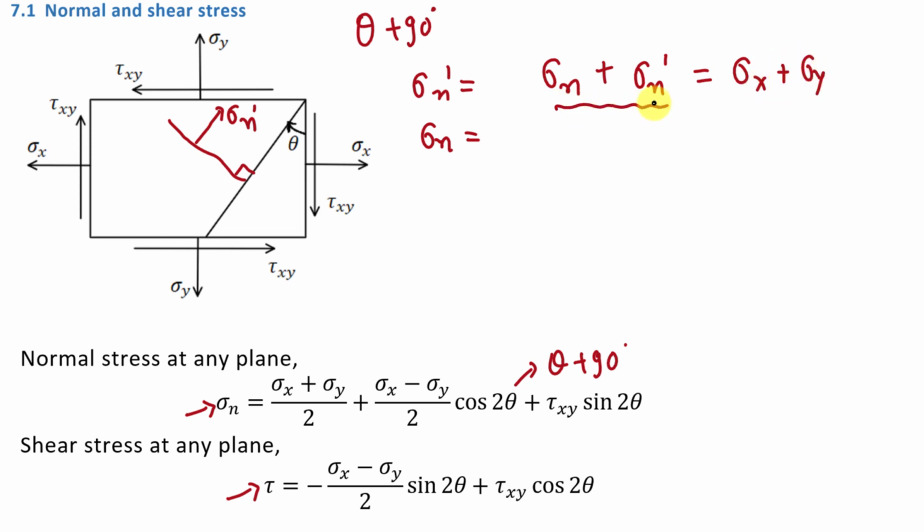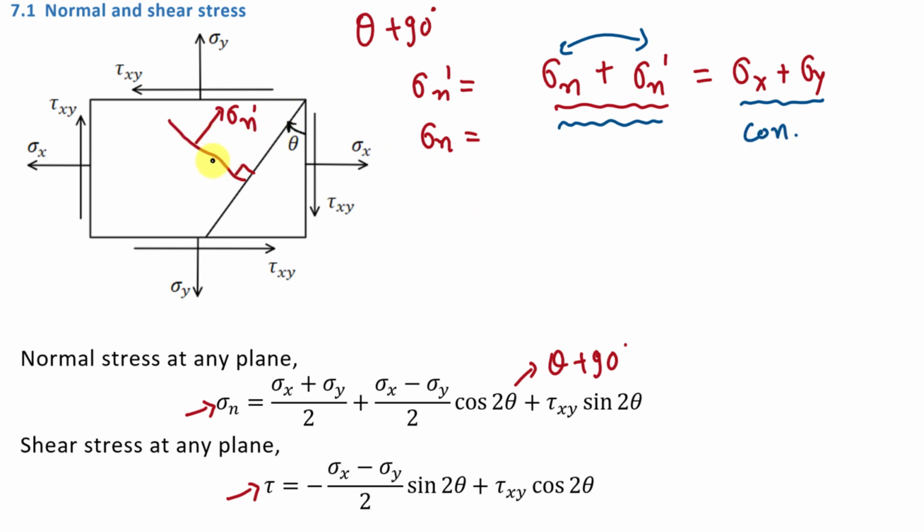Means it is equal to normal stress in x direction plus normal stress in y direction. Fine? Here these stresses are complementary stresses because the directions of both stresses are perpendicular to each other, and here this value is constant. So we can say that the sum of complementary normal stresses is always constant.